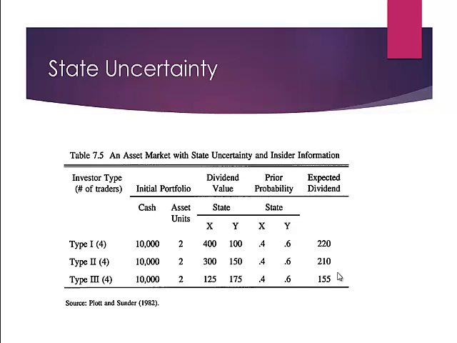For type 2, the value is 150 for the insiders, so they will also sell. Type 2 outsiders have value 210, they will also sell. And type 3 insiders know that the value is 175, they will also sell. And the outsiders have the value 155, they will also sell. So everybody has incentive to sell to the type 1 outsider who doesn't know the value and thinks that it is 220.